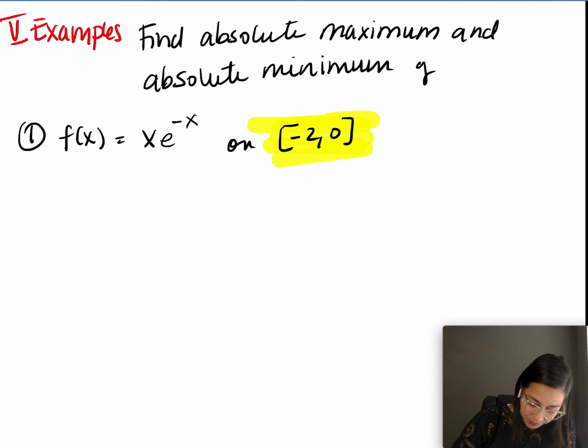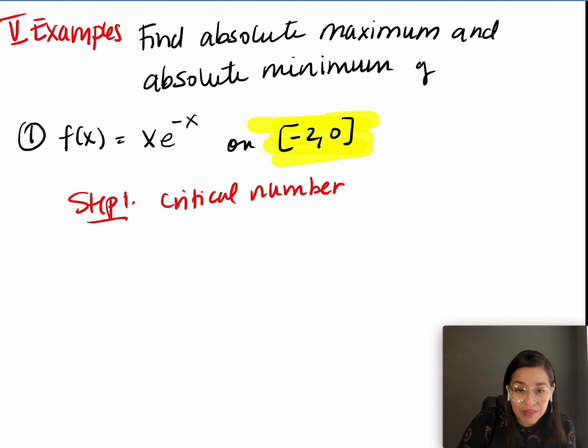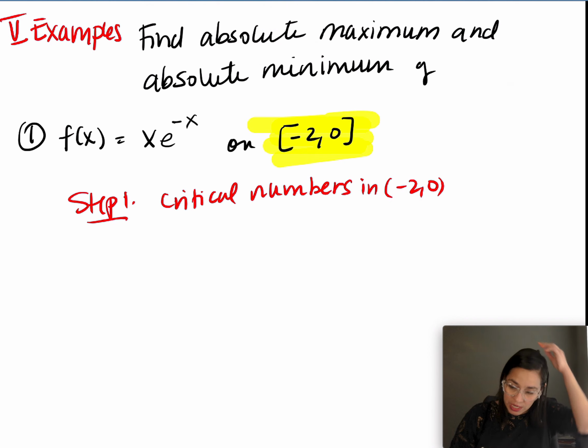Step one, let's find critical numbers. We'll just use red for this. Critical numbers in [-2, 0]. It has to live in between -2 and 0.